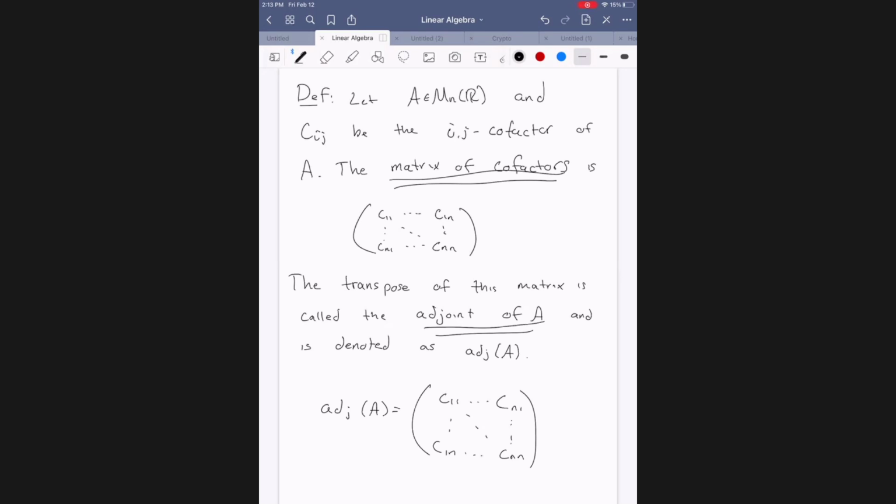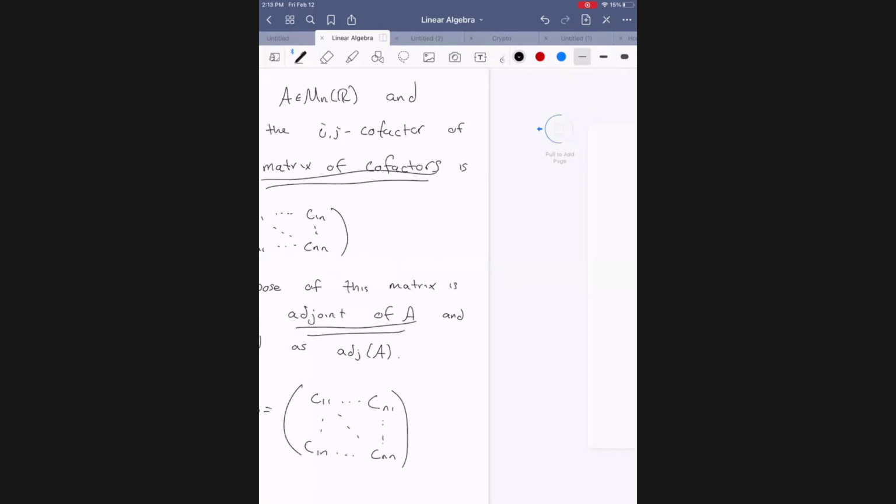Well, we can use this to actually show that formula is true. But first let's just do an example.